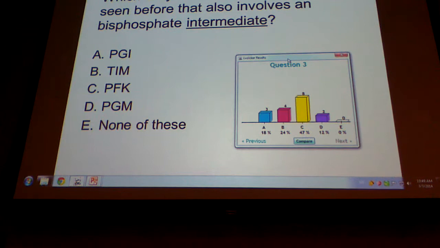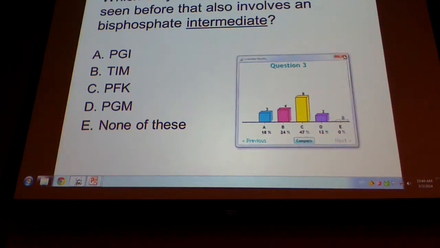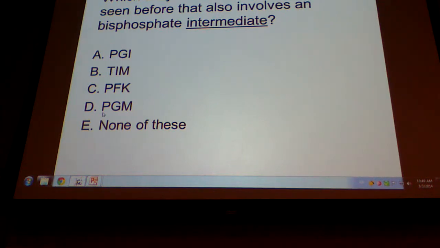So what other bisphosphate? Well, it wasn't really a bisphosphate. It was a single phosphorylated group that has a bisphosphate intermediate that looked like something else that we'd seen before, but that ends up being a monophosphate again at the end. Do you have to think about where in glycolysis these enzymes are?